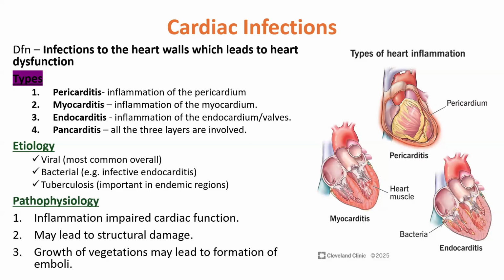Once they grow in the heart, they become vegetations and these vegetations can become dislodged from where they were sitting in the heart, then get transported into the lungs, the blood vessels, the liver and such. That's the reason you hear people talking about pulmonary embolism. So that's how it works, and these things are actually real.